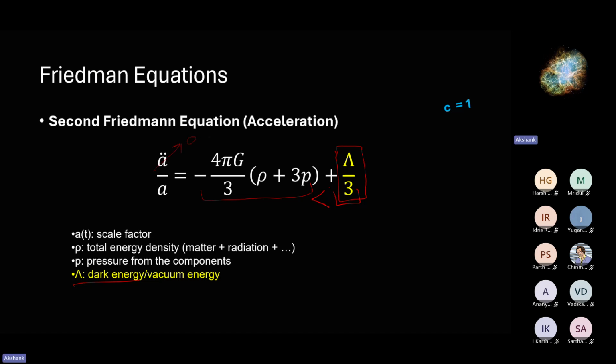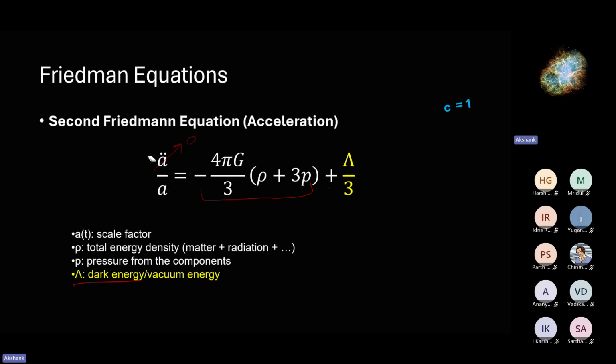He wanted the universe to be static. And so he said, this should be negative there, and there should be some extra term which is causing this whole term to go to zero. That is what Einstein wanted. But alas, he was wrong. And Hubble observed that the universe was expanding. So this term was dropped from the first Friedman equation.